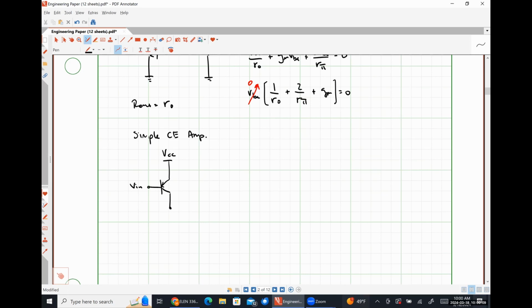Here's our input. Here's our output. And then here's the current source that's effectively biasing this thing.